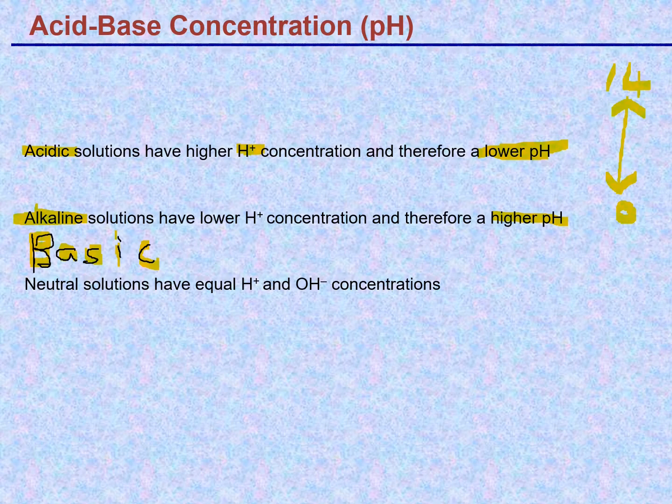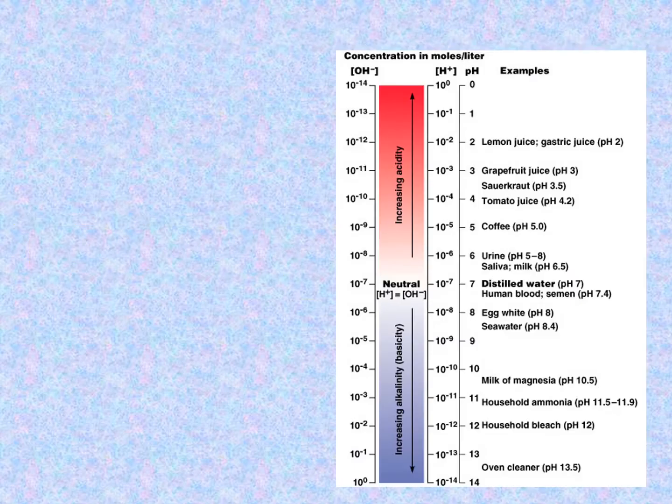Yes, I did say that a basic or alkaline solution or compound releases hydroxyl anions, and when it releases the hydroxyl group, OH minus, that will interact with any hydrogen ions present, and therefore there'll be fewer. So a basic solution will have a lower hydrogen ion concentration, and when you look at the pH scale, that translates into a higher pH.